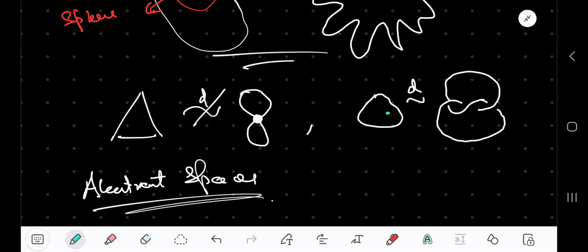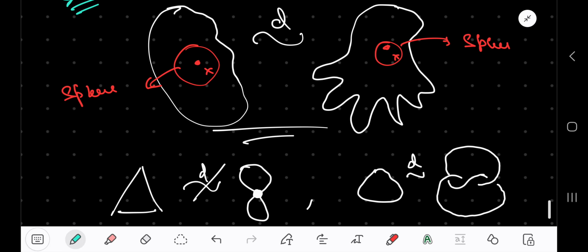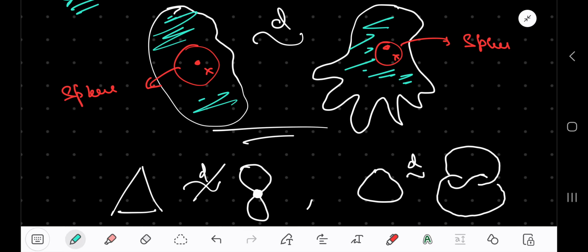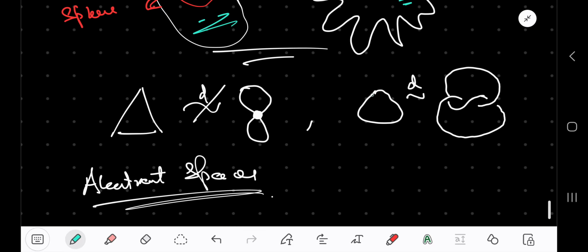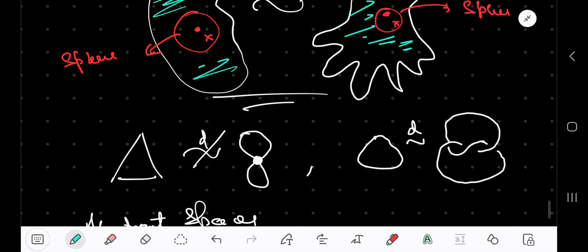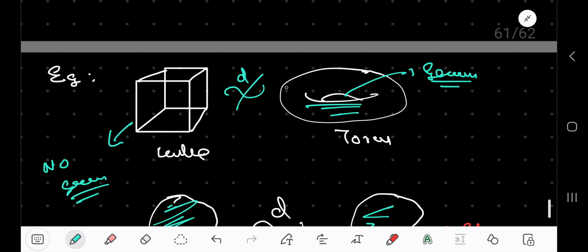The interior is not present here, these are just the boundaries itself, while the interiors are present here. Here also in the torus we have the interior.